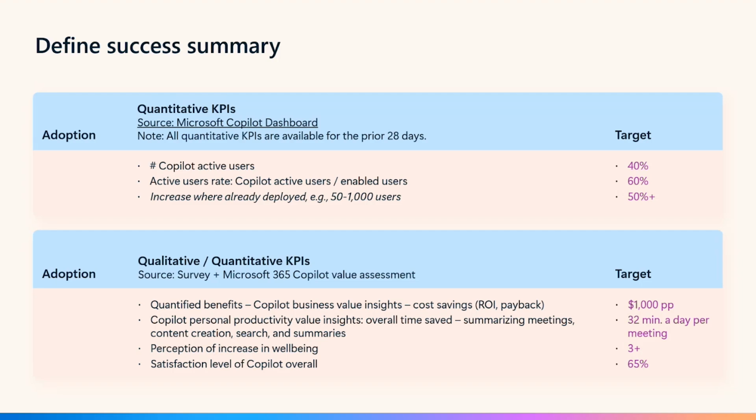As you see, we have 32 minutes per day here per meeting. So this is an important table, and I think it's a very good idea to present it to your customer.